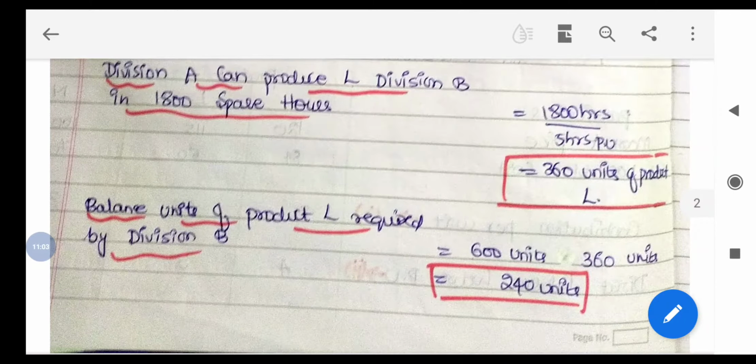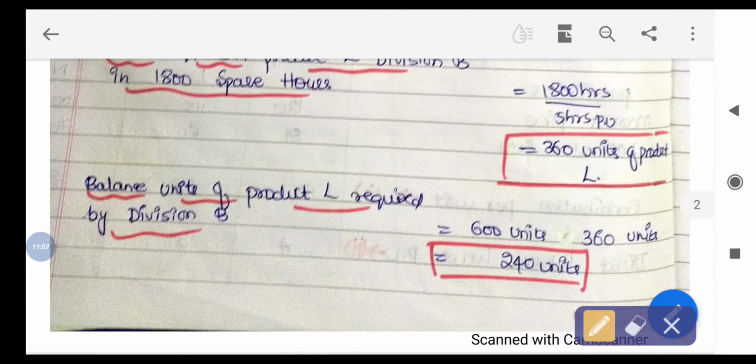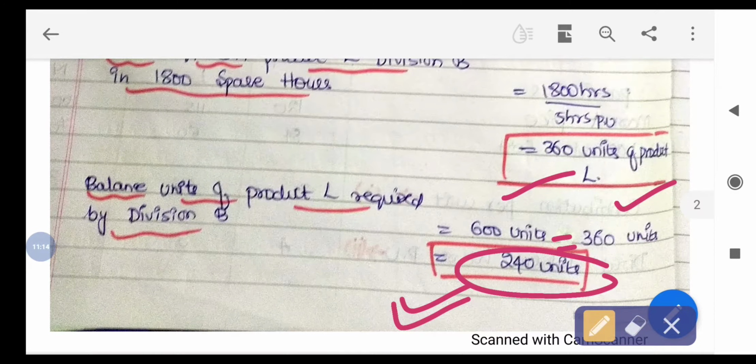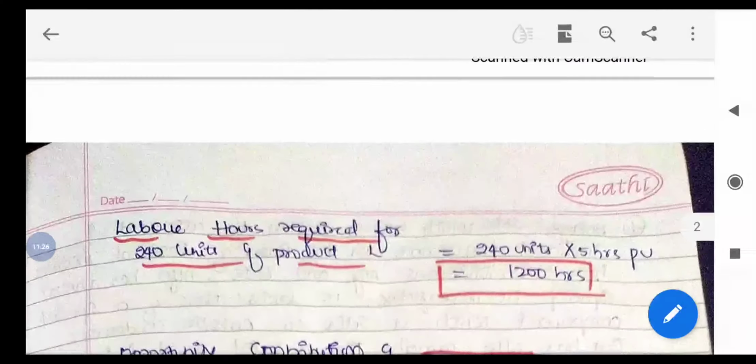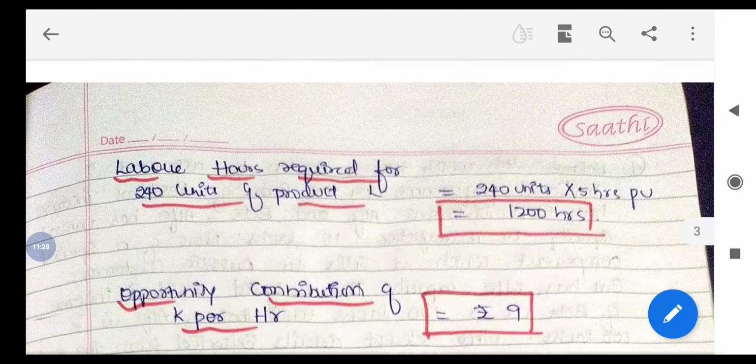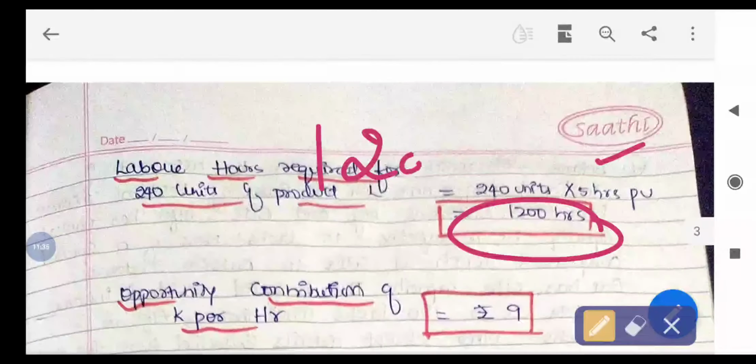So the remaining units that cannot be manufactured are 240, that is 600 minus 360. So this is the balance units of product L required by the division. Division A can supply them 360 units, but division B still wants 240 units. For 240 units, at 5 hours per unit, they still need 1200 hours.